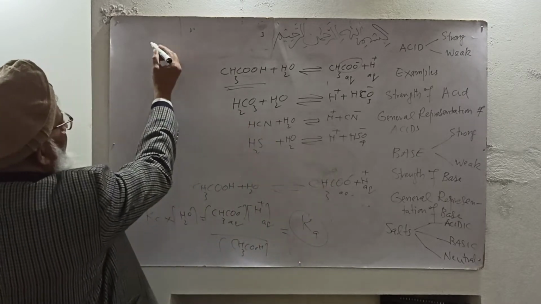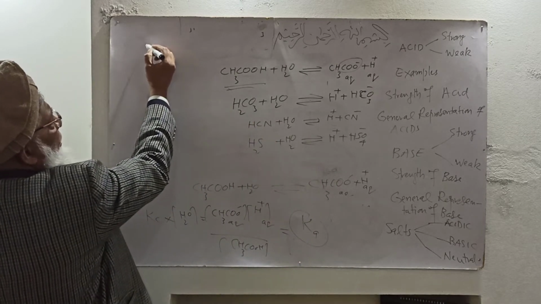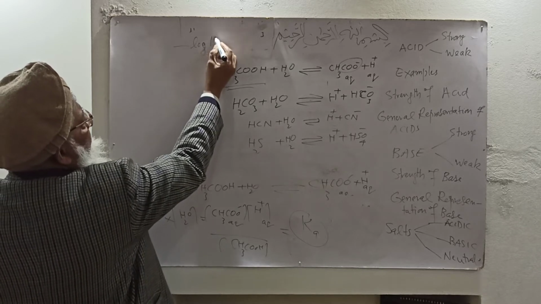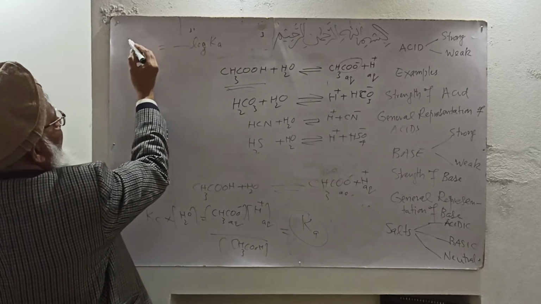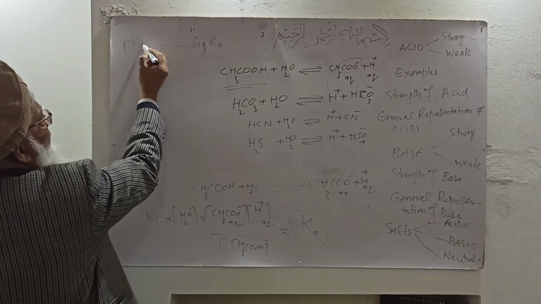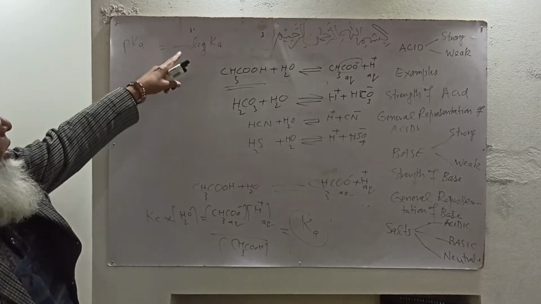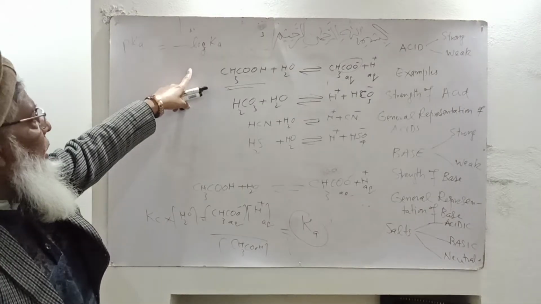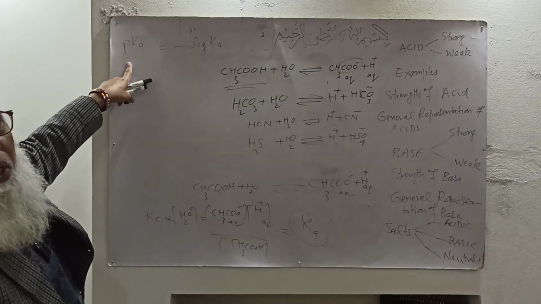If we take the negative log of Ka, the inverse log of Ka, it will be called pKa.